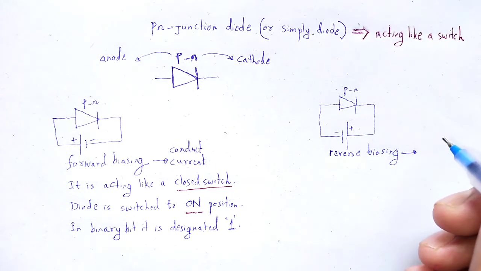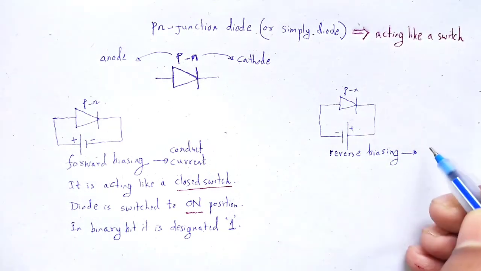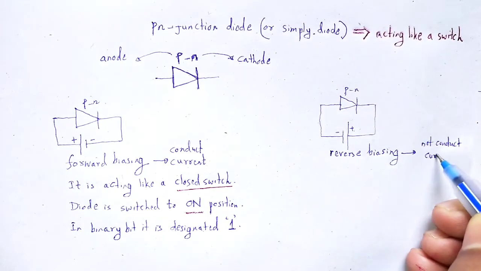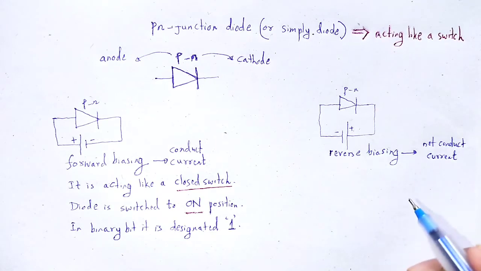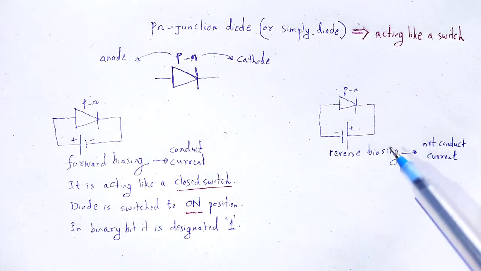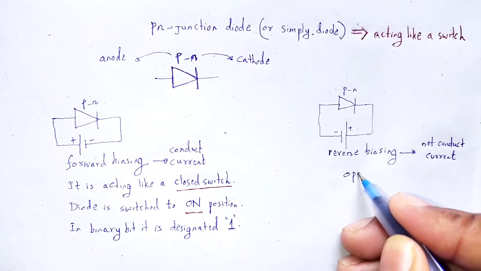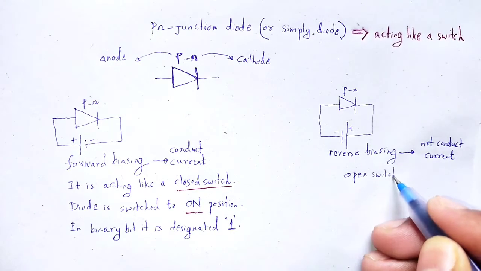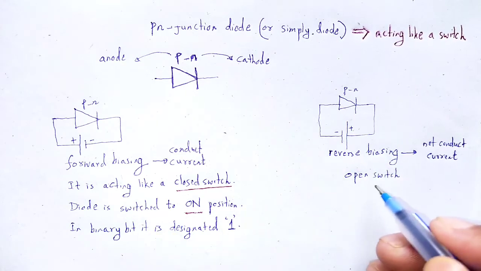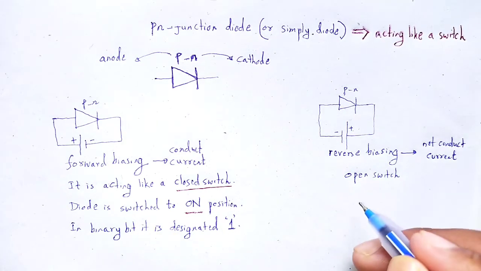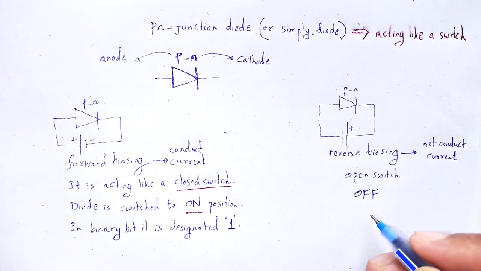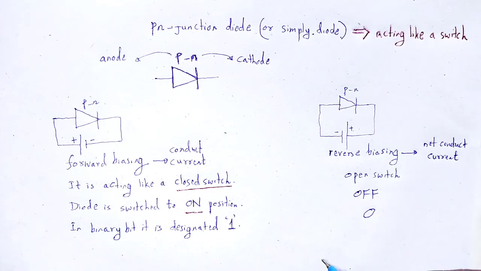Here it does not conduct current. It just acts like an open switch. In other words, we say the diode is switched to the off position, and in binary bit it is represented by 0.